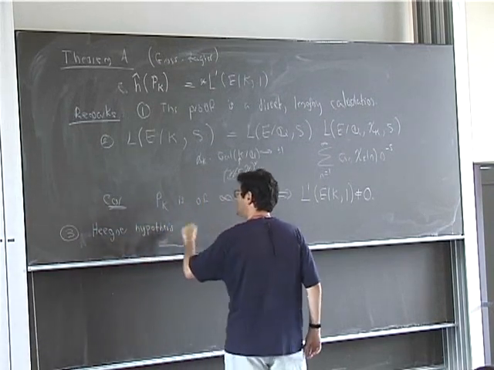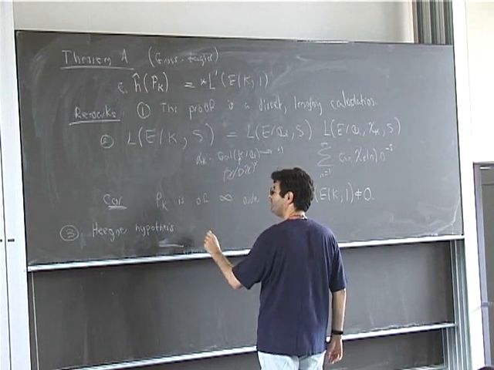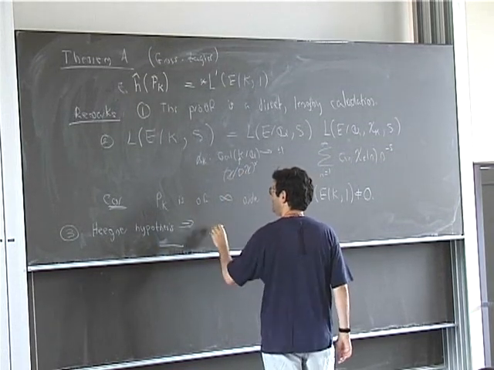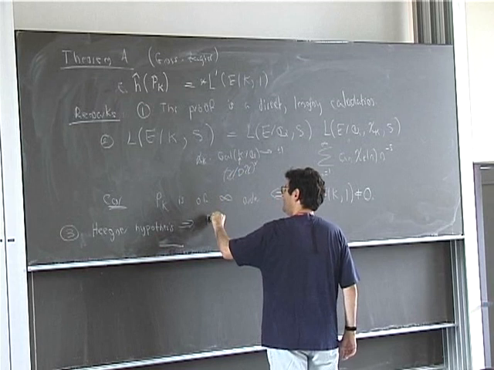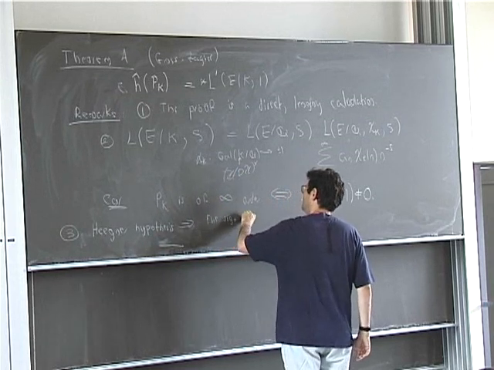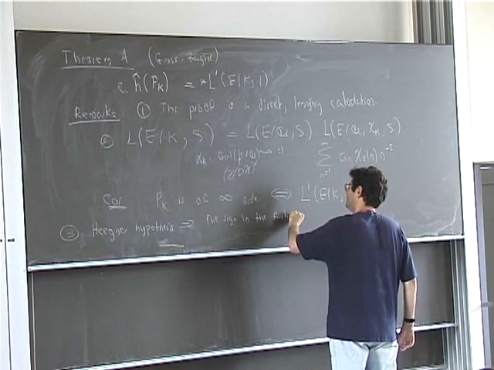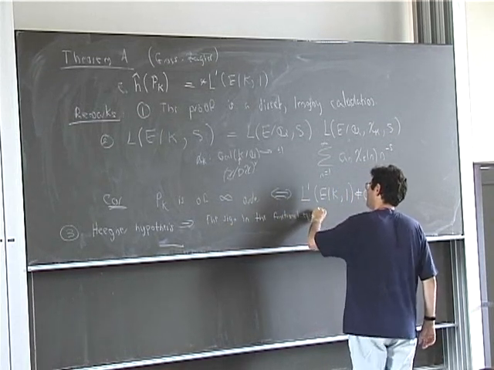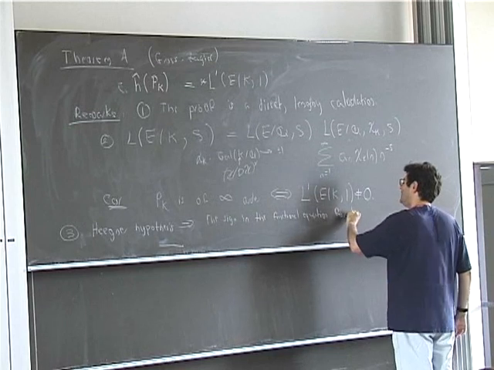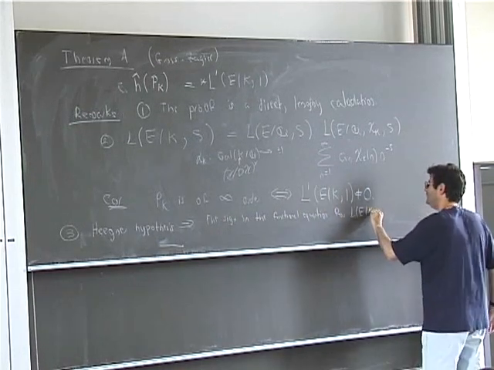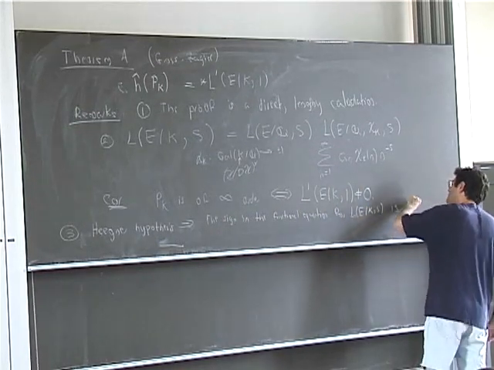So we saw that these L series have functional equations, and that implies that the sign in the functional equation for the L series of E over K is -1.